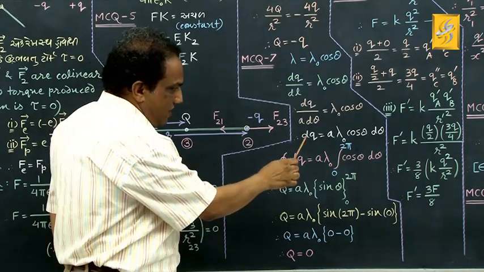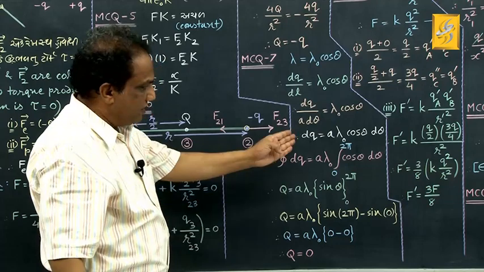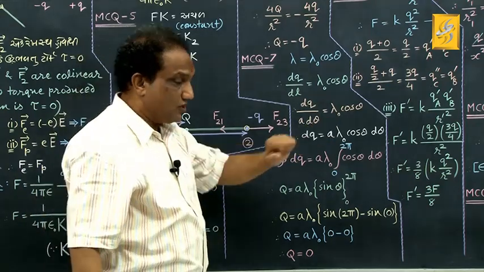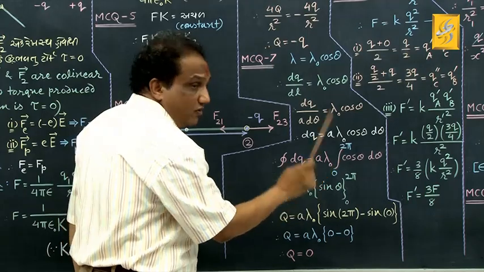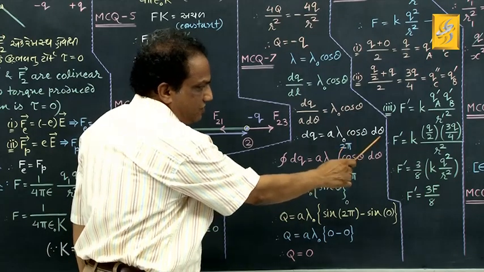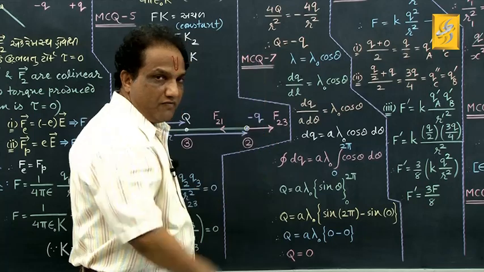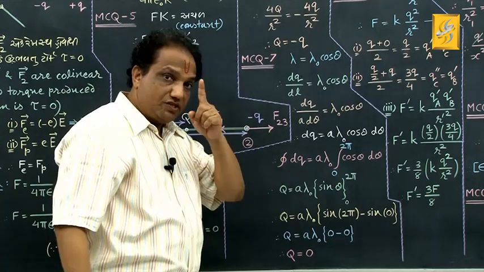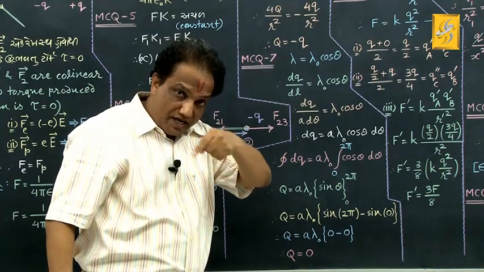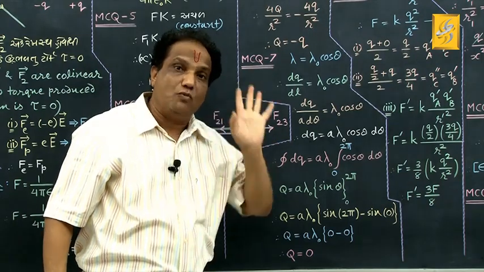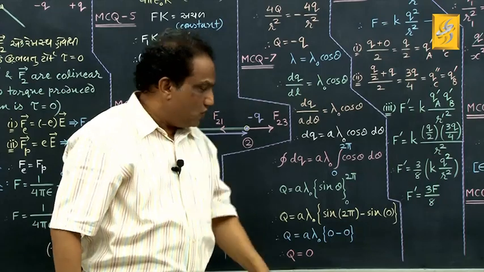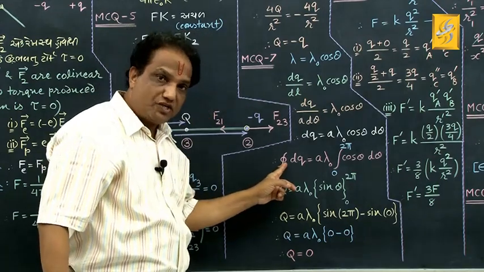So integration of dq, and when you take integration on the left hand side, you must take integration on the right hand side also. A lambda 0 is constant. Integration of the remaining part, that is integration of cos theta d theta. But mind well, you should take integration in such a manner that all the charge elements arranged continuously over the circle are accommodated, and for that sake you must go for closed integration, correct?